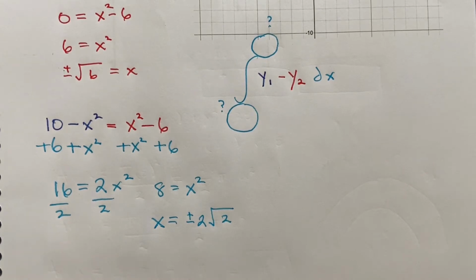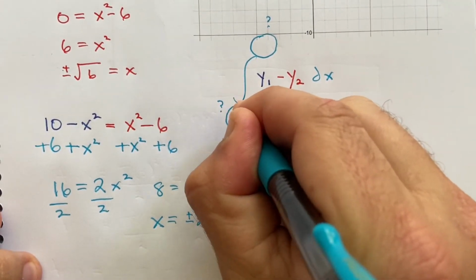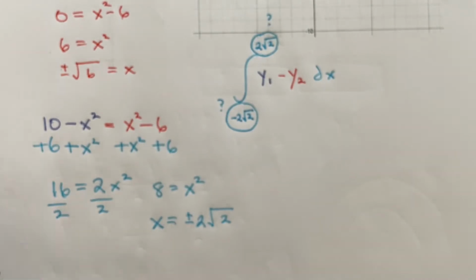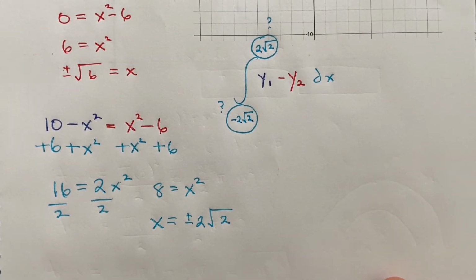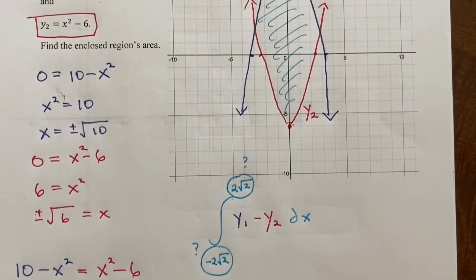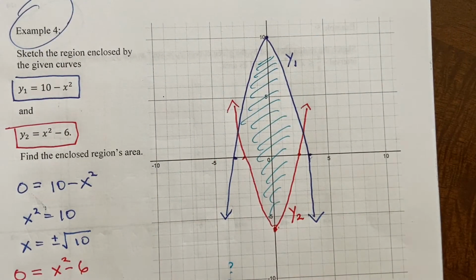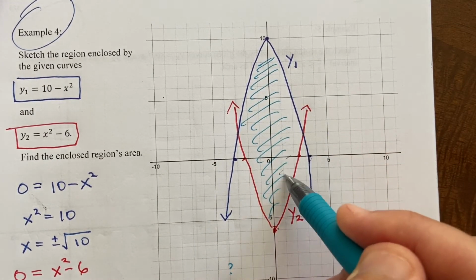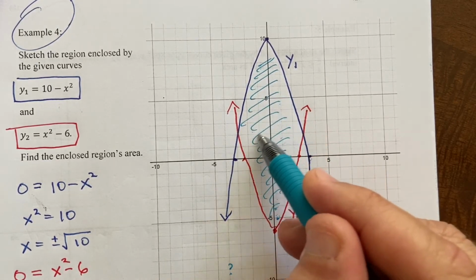All right, so one thing we could do is we could now go from negative 2 root 2 up to 2 root 2. But we could do something even more clever. Notice the region is symmetric. So what I mean by that is this half, that area is exactly half of the other side.